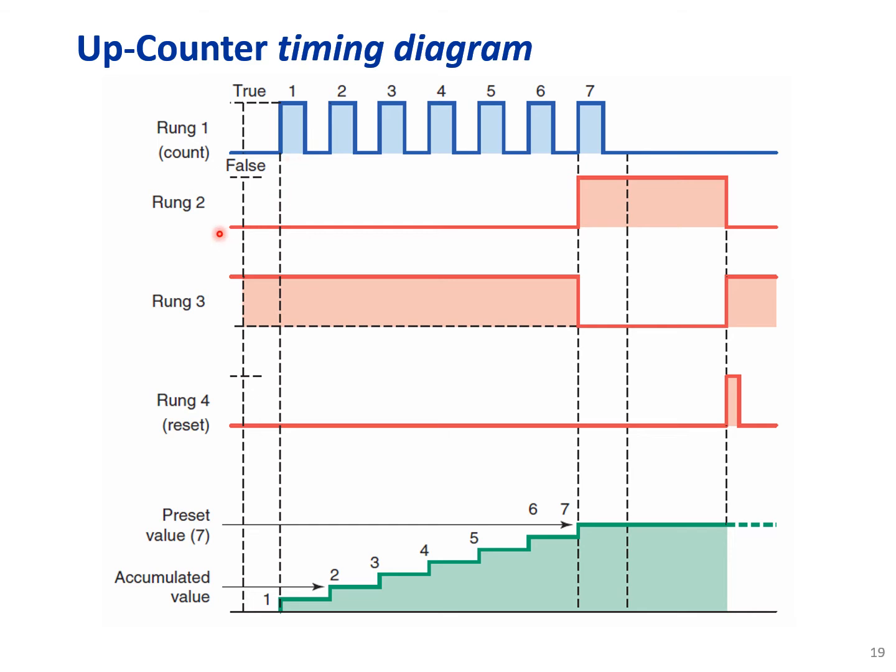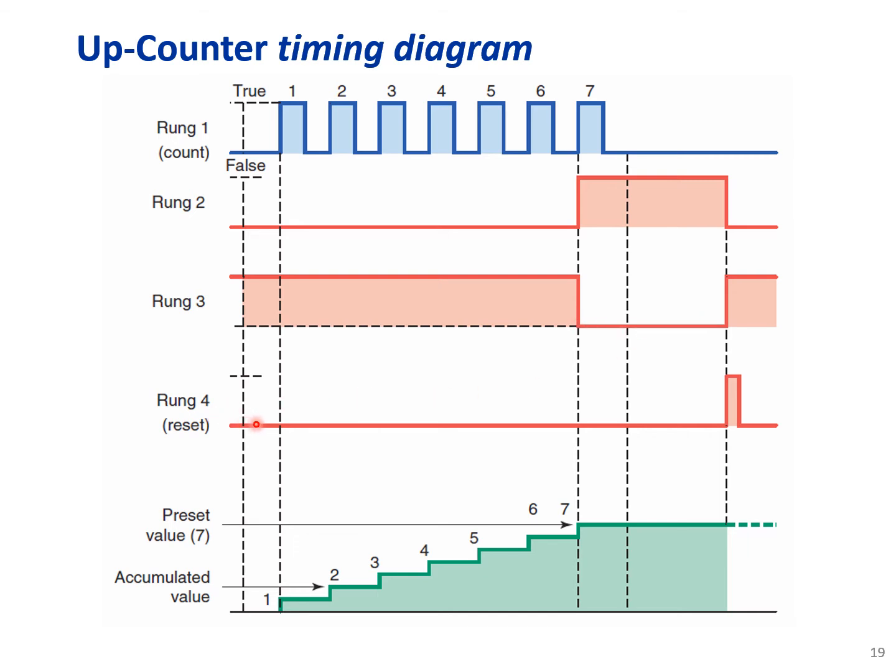So you see in rung 2, which is the done bit of the counter, is false. Once we reach the number 7, the done bit will be true. Rung 3, which is the negated value of the done bit, is true before reaching the number 7 and afterward is false.